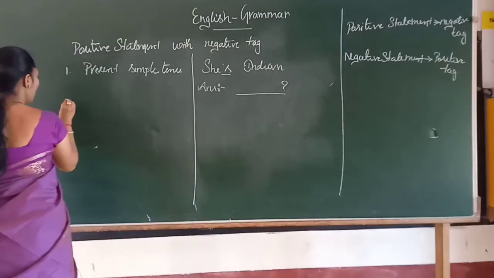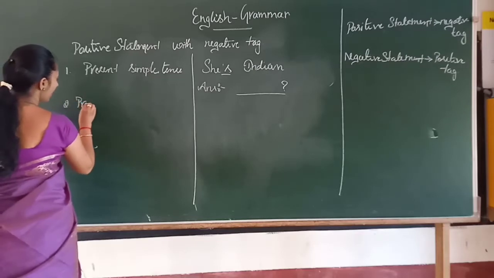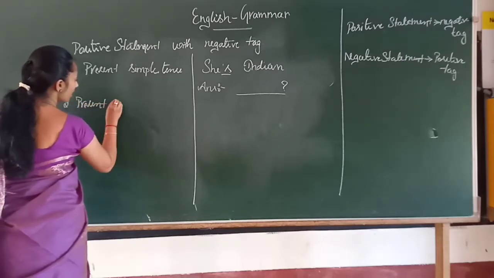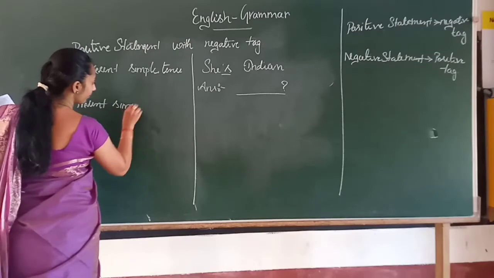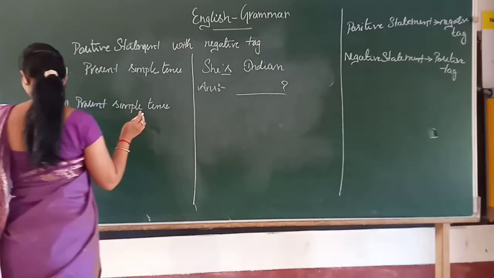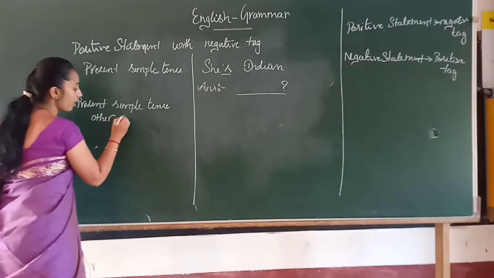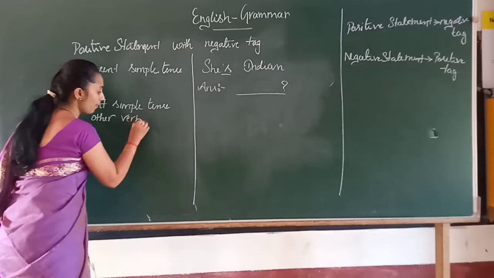Okay, then the next one is again present simple tense. Present simple tense with another verb, in the sense of an auxiliary verb or any other kind of verb. Okay.